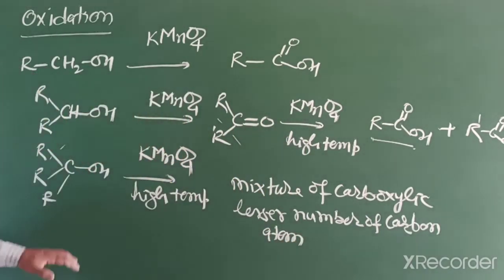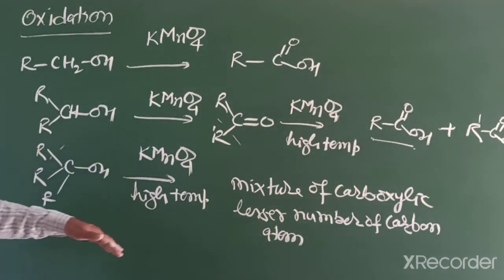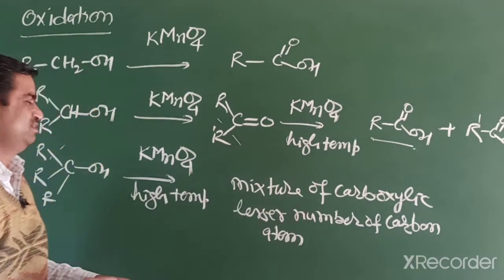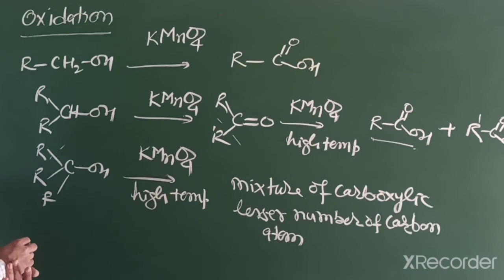This means if 5 carbon, 6 carbon, then you get 2 carbon, 3 carbon, 4 carbon. Anywhere the bond is dissociated at very high temperature.